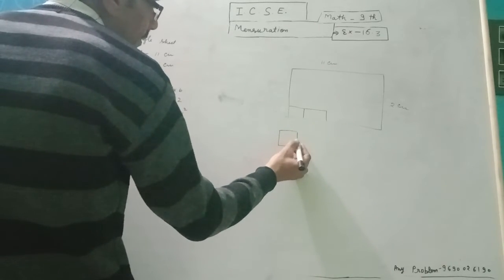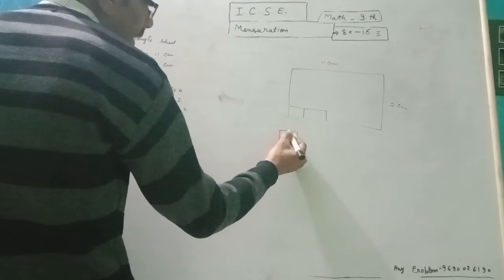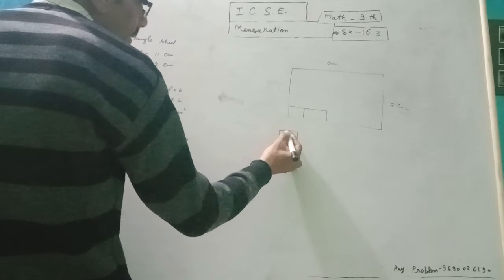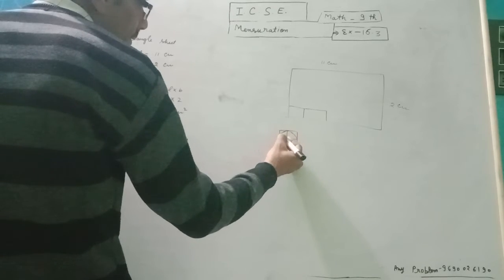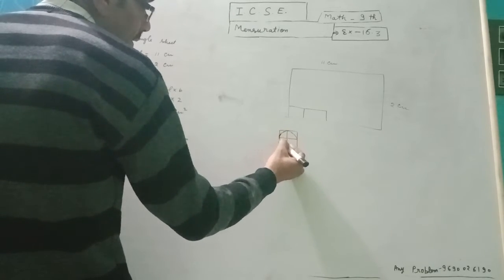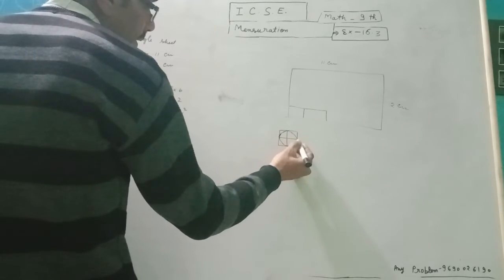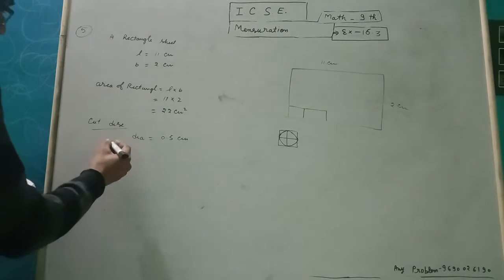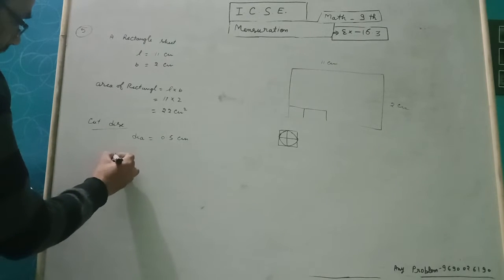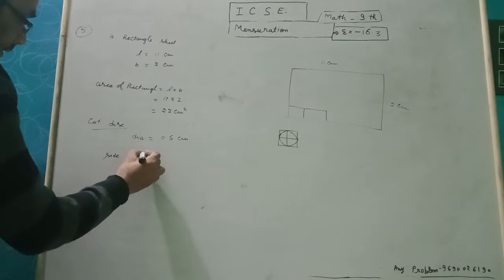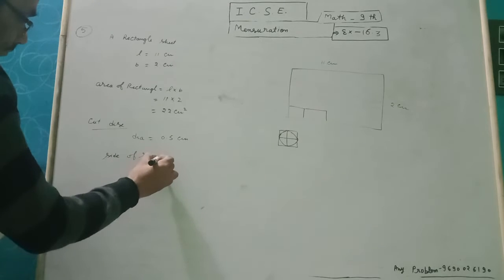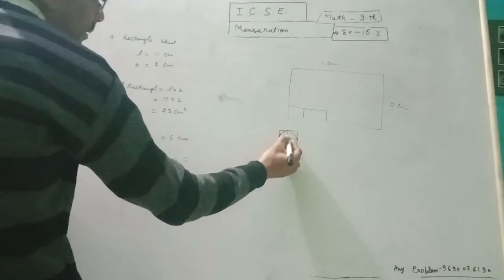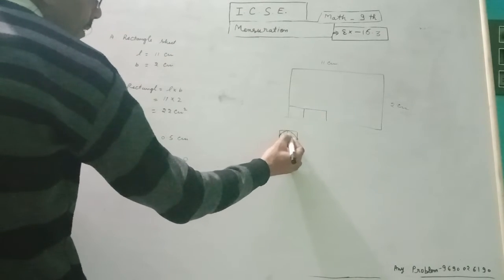Diameter should be the side of the square. So side of square is equal to diameter, 0.5 cm.